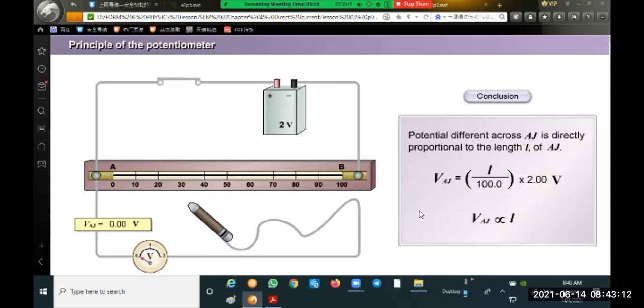Conclusion: the potential difference across AJ is directly proportional to the length L of AJ, where VAJ, the voltage across point AJ, will be equal to the length of the wire over 100.